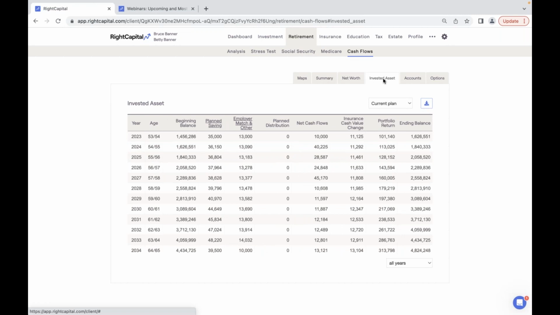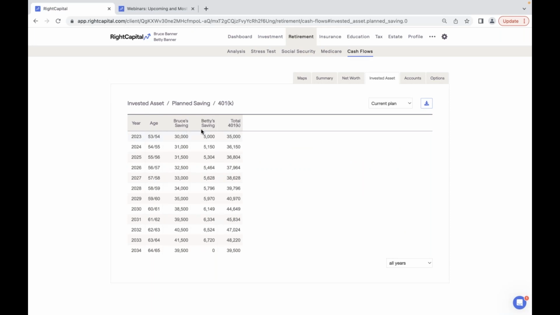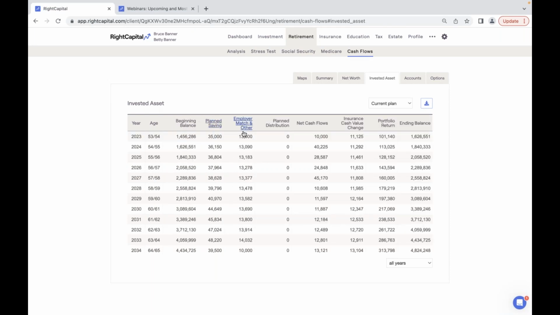So this is always just a helpful way to see this information and to map this out. But we also can see things like invested assets, for example, where we have beginning balances, ending balances. We can see planned savings breakdowns of what the client or co-client are saving into their invested assets. We can see employer contributions here, which is really the only place where we're going to break this item out specifically, which is really helpful.